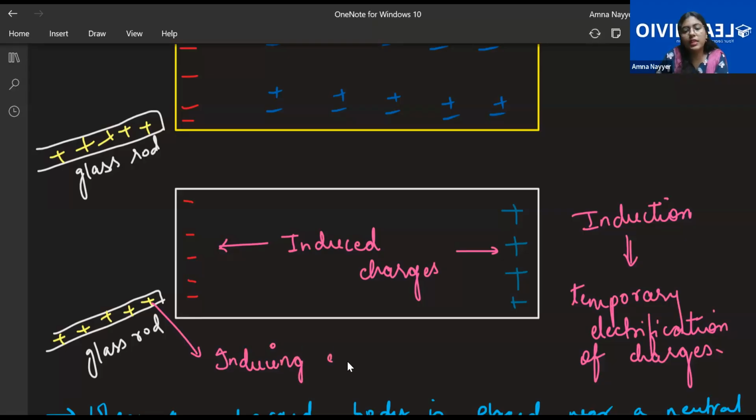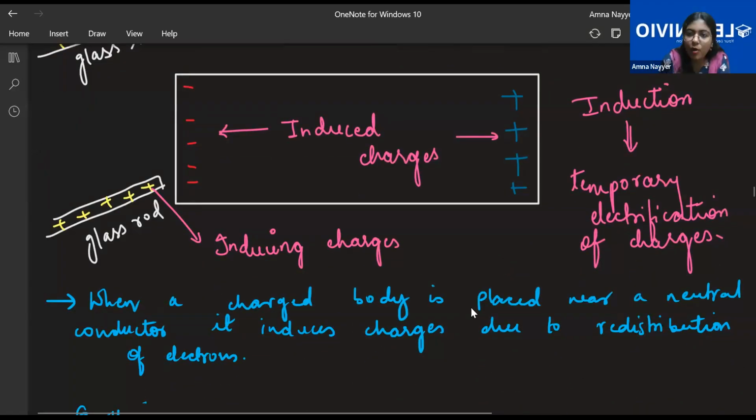The whole process is called induction, which is the temporary electrification of the charges. So what is induction? When a charged body is placed near a neutral conductor, it induces charges due to redistribution of electrons. Due to redistribution of electrons, the charges have been separated.